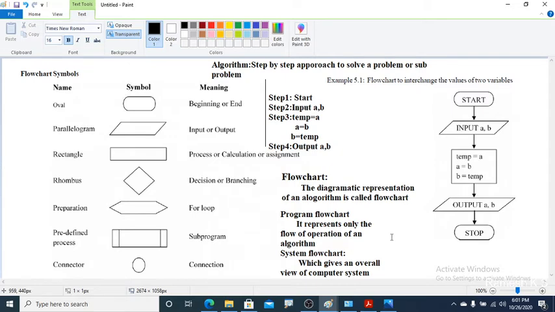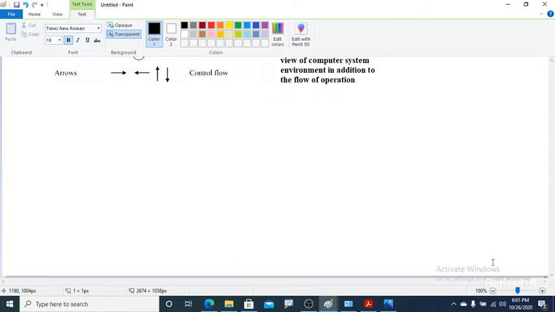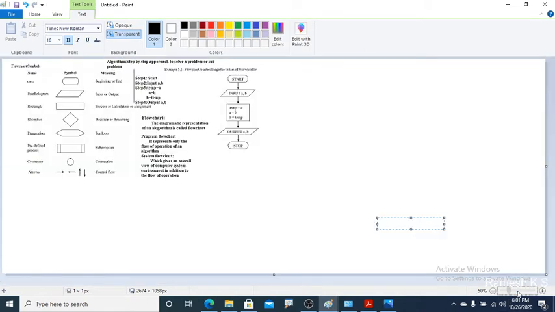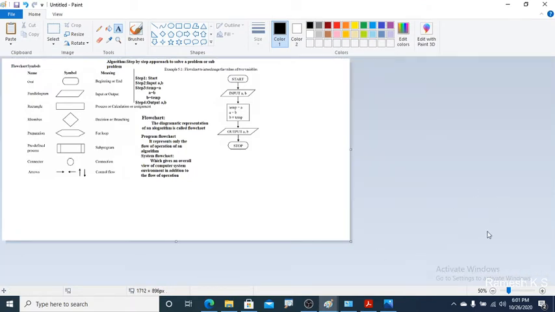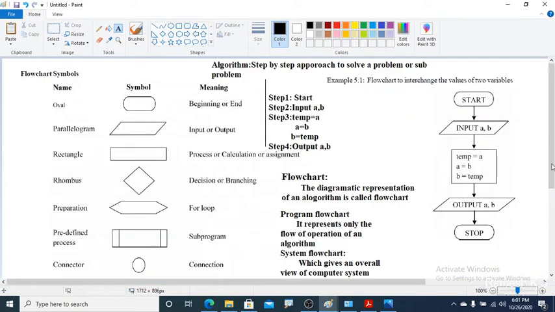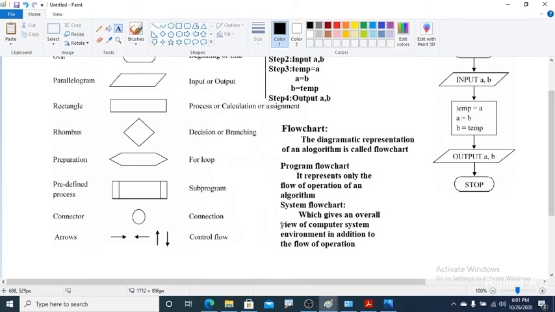Okay, this is about the system flowchart.